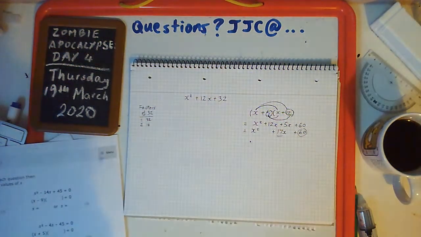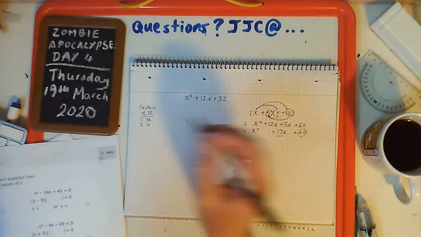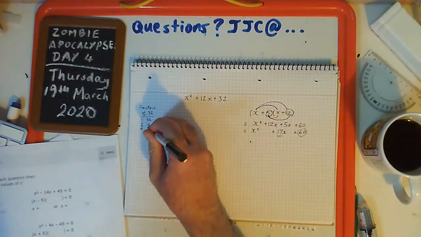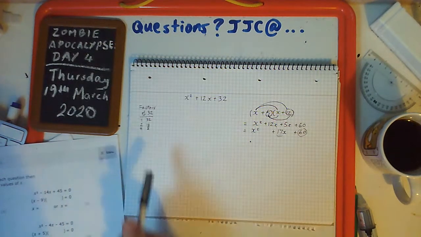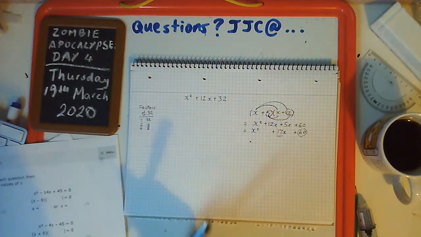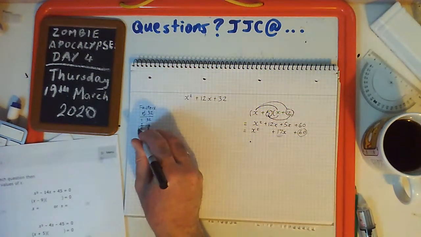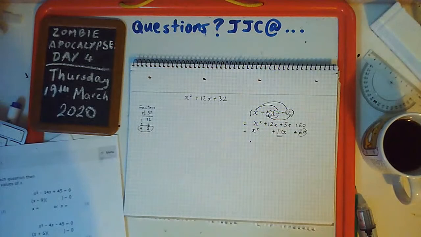These questions usually have nice whole number solutions. 4 times 8 makes 32. 5 doesn't go, 6 doesn't go, 7 doesn't go, 8 doesn't go, but we've already got 4 times 8. So out of those, the 4 and the 8 add up to 12.